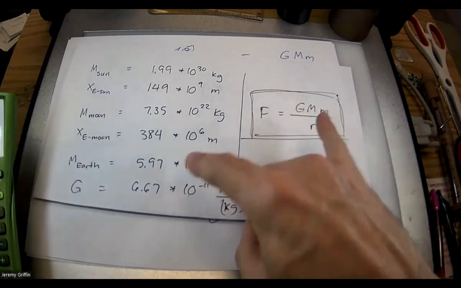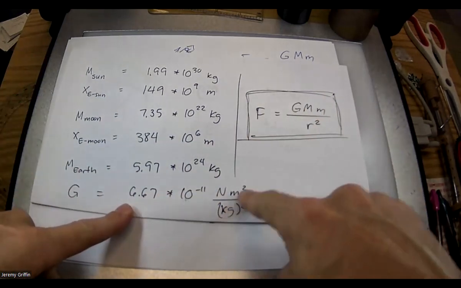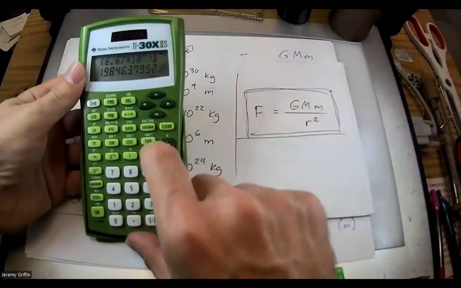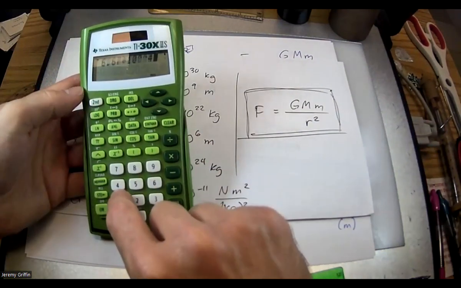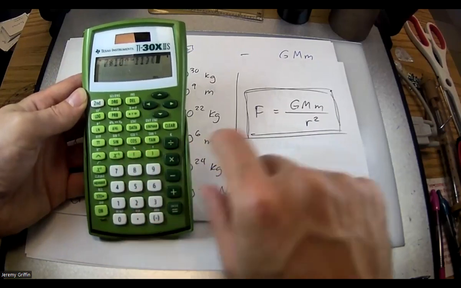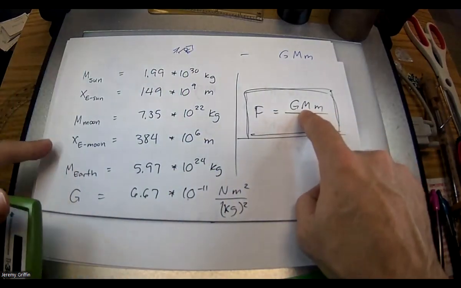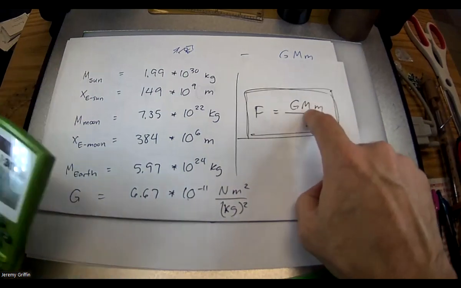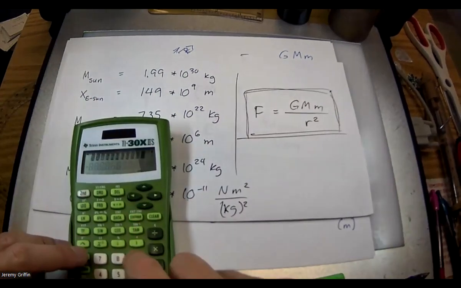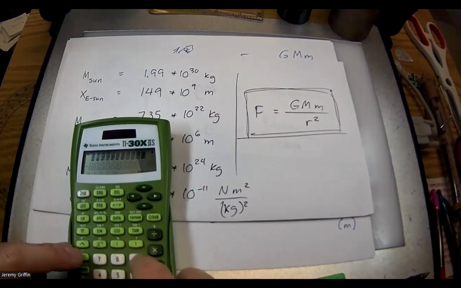All right, so I'm just gonna take this number, pop it right here. So here's my 6.67 times 10 to the power negative 11. Multiply by the mass of, let's start going sun to Earth. So this could be the sun, this could be the Earth. So the sun is 1.99 times 10 to the power 30.